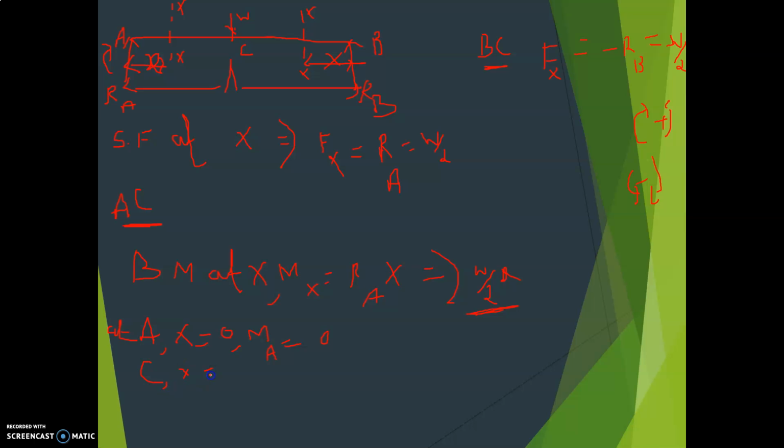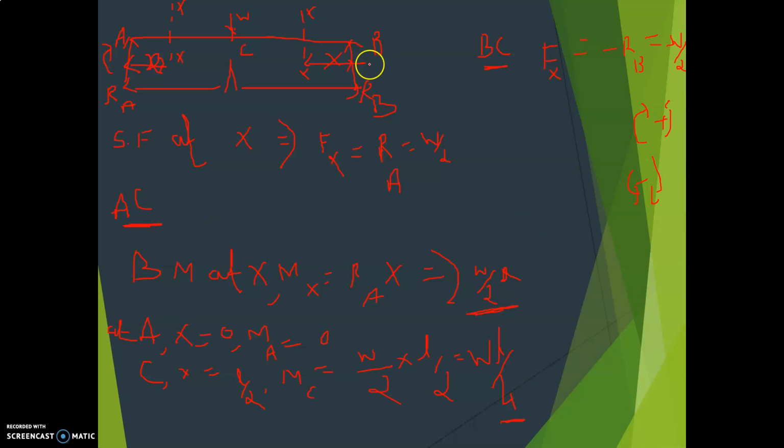X is equal to, till here, what is the distance? Total is L, so this distance is L divided by 2. So X is equal to L divided by 2. So MC is equal to W divided by 2 into L divided by 2. So that becomes WL divided by 4. Okay, now this is the bending moment at C.